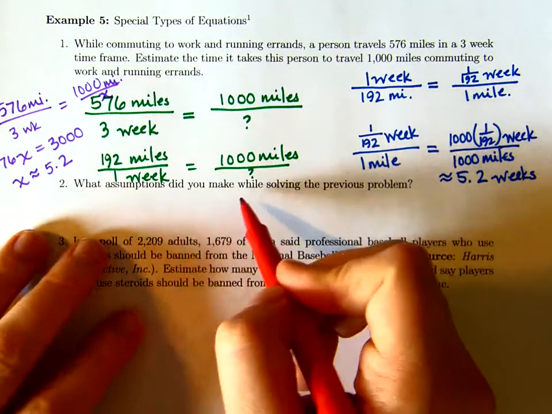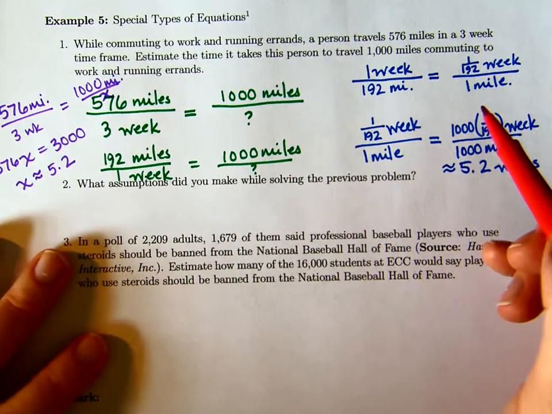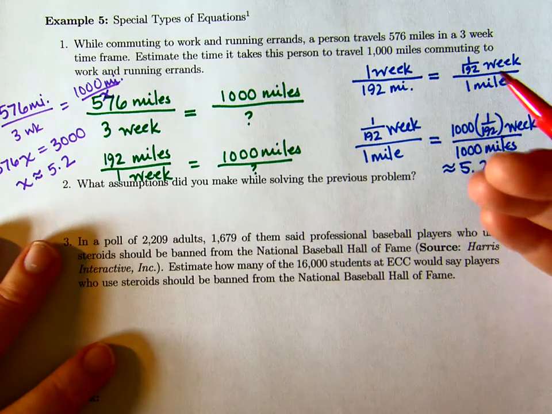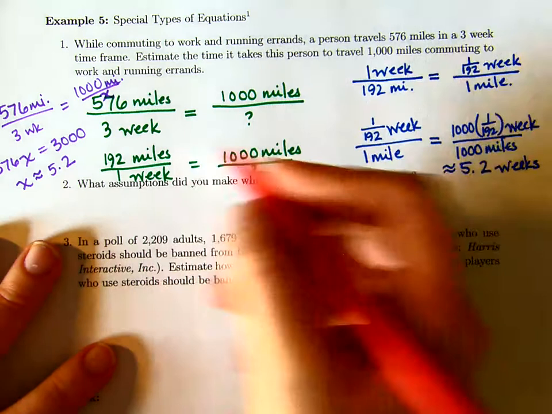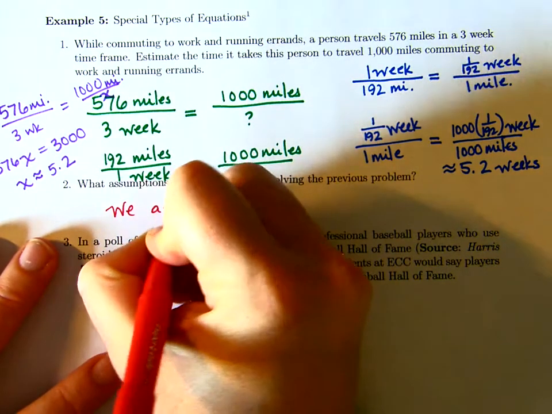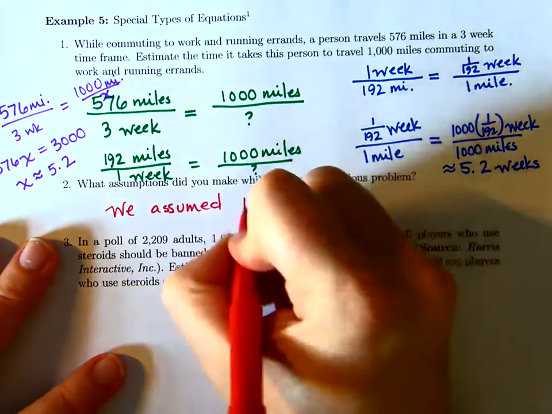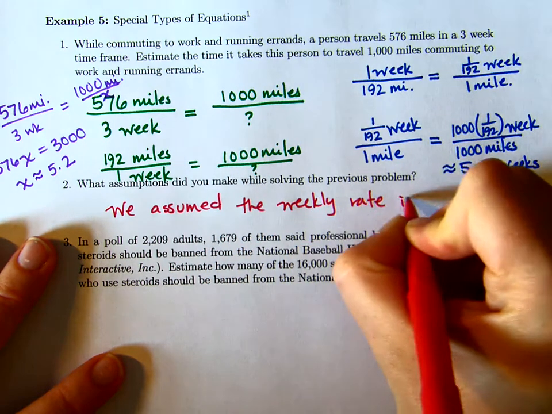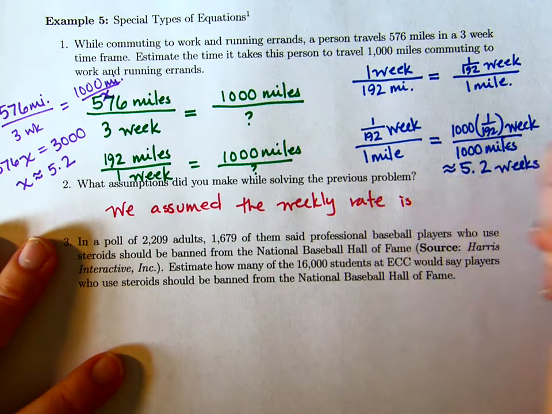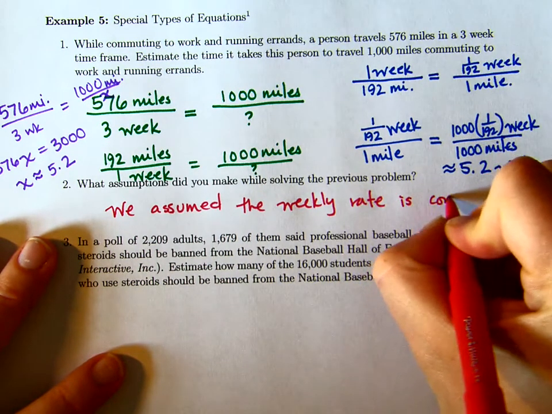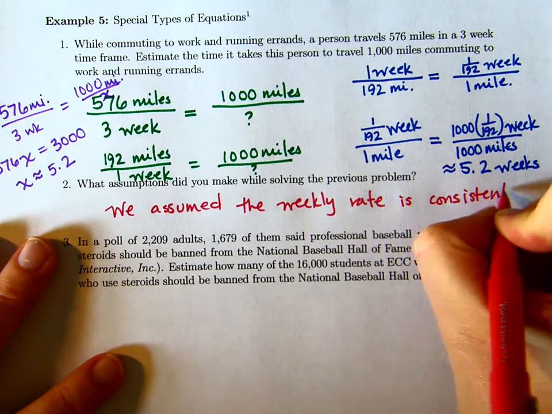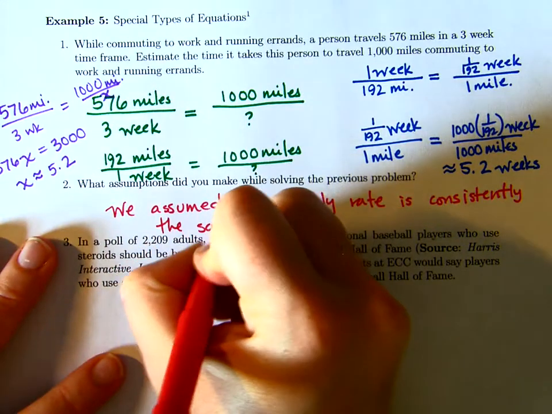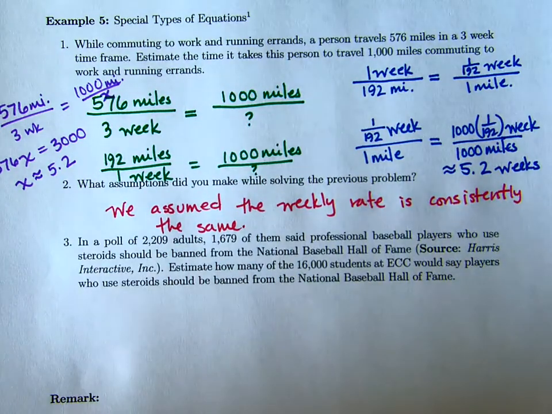So the assumption that we made was that all of this is an equivalent ratio, an equivalent rate, a proportional rate, and that means we assumed it is consistently the same. Or constant if you want to say constant.